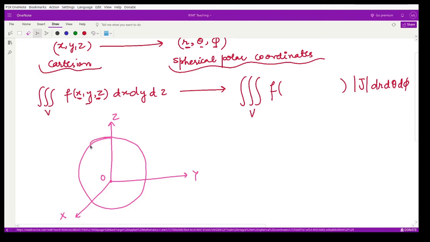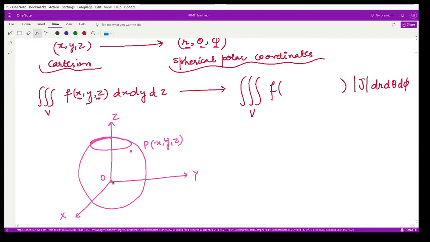This is three-dimensional, okay? On this particular sphere, suppose we are given some point P. This is our point which has coordinates x, y, z in the Cartesian space. Now, how can you define this r, theta and phi? That is the first question.